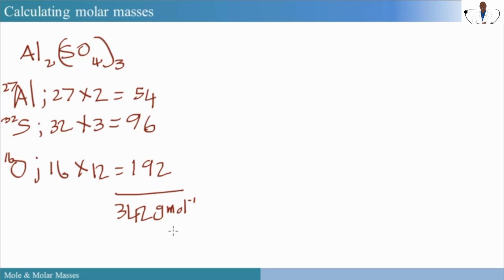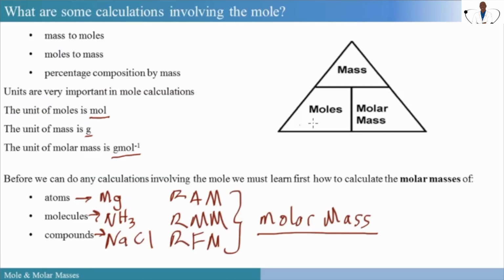Let's have a look at working out your units. Remember that moles is equal to mass over molar mass. And we can convert mass into moles times molar mass, or molar mass is equal to mass over moles.